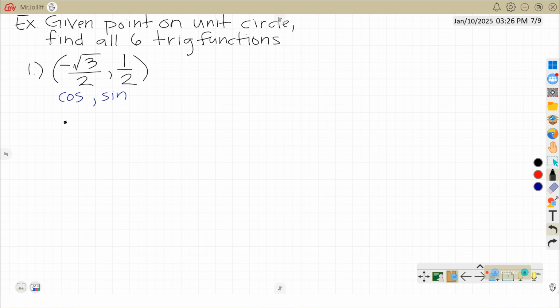So I'm going to do these in order. So sine of our angle t is equal to 1/2, because sine is the y coordinate. And cosine of our angle t is negative root 3 over 2.